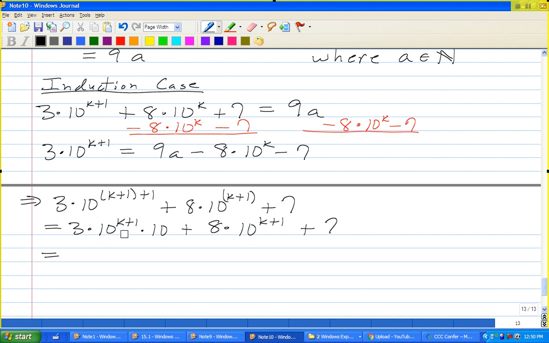Let's replace 10^(k+1) by the following: 9a minus 8 times 10^k minus 7.